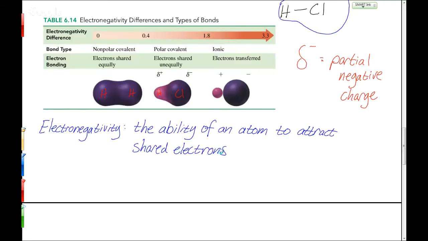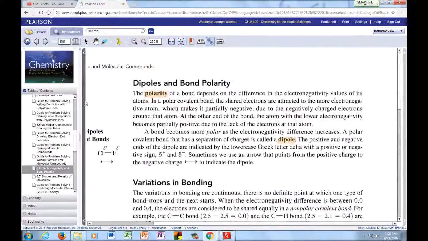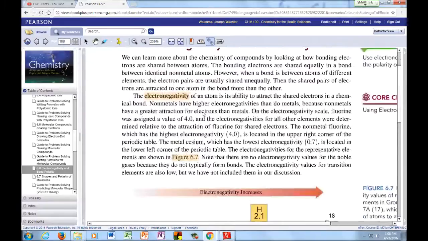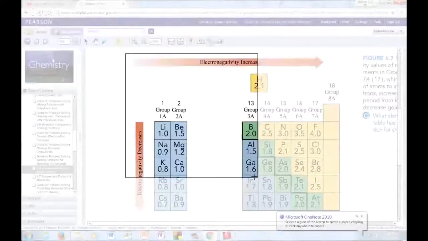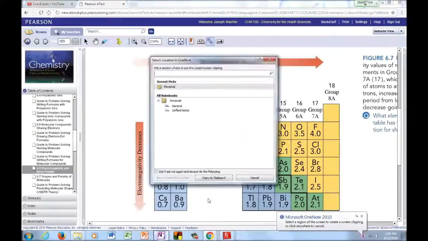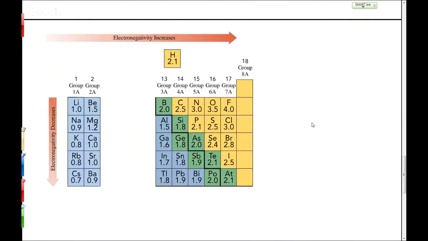And so we have to look that value up on a table. It's measured by experiment. The table looks like this. Okay, so there you see the electronegativities for many of the elements. Now, metals in general have very low electronegativities.